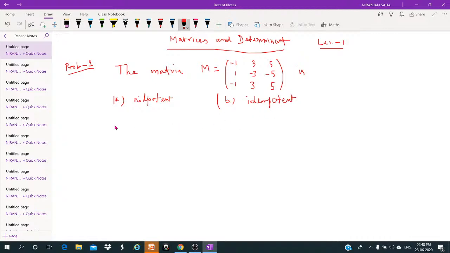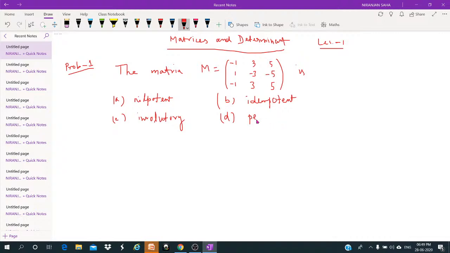C is given involutory matrix. Third option given. Fourth option given periodic.